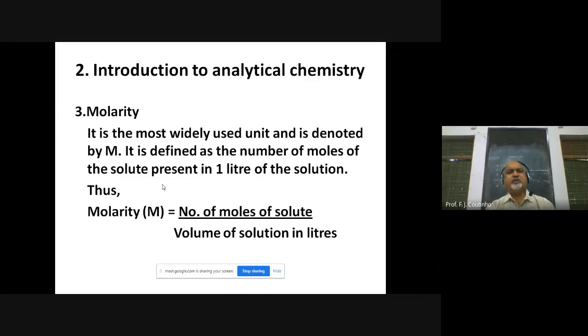The third is molarity. We will come across molarity very often during the practicals when we are doing volumetric analysis.